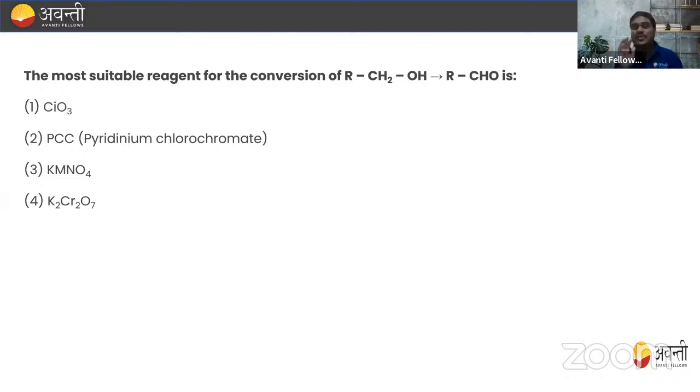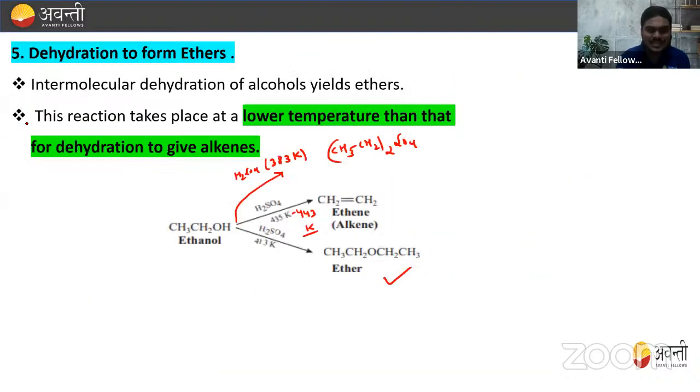But I told you one very notable point: if you want to stop the oxidation at aldehyde level only, then you have to add a reagent called PCC or PDC, because PCC and PDC prevent further oxidation, or we can say they act as a controlled oxidation. They stop the reaction at the aldehyde level only. So for this, option 2 is correct, PCC.